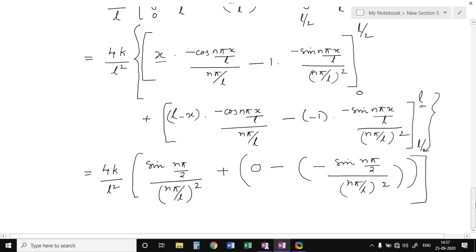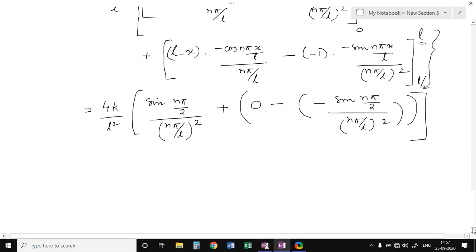So now these two terms are similar terms, so we can add these two, so that we get 4k by L square multiplied by L square by n square pi square, then 2 times sin n pi by 2.